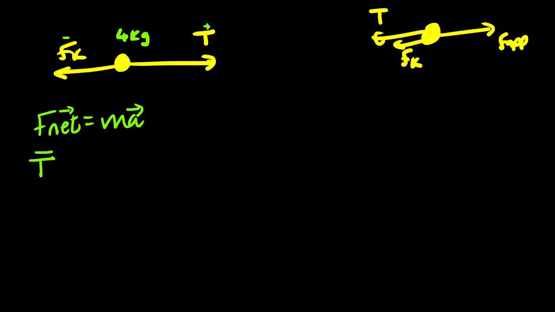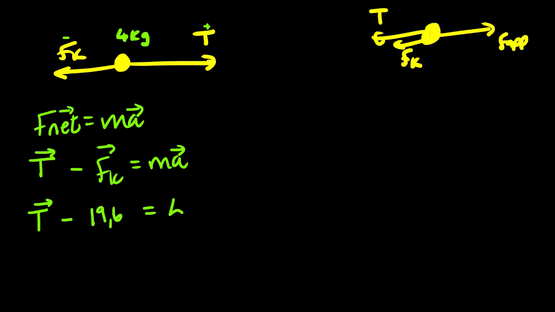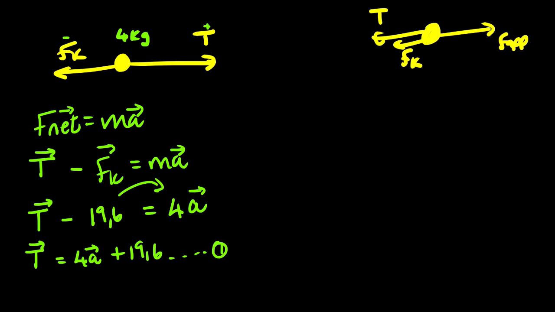So we have tension minus Fk equals ma. Fk we are given as 19.6, equals the mass, which is 4, times the acceleration. Now let us make T the subject of the formula. We transpose 19.6 to the other side. So T equals 4a plus 19.6. We say this is equation 1.